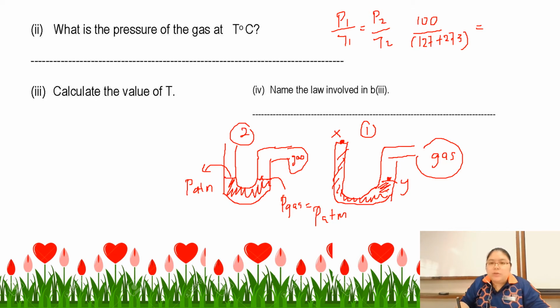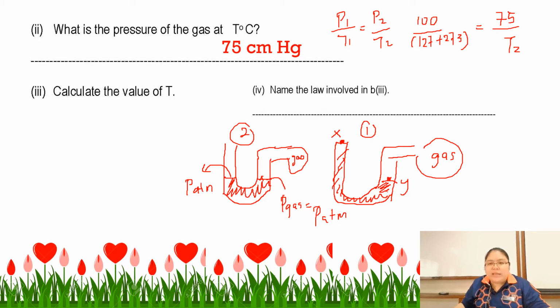Case 2, so you need to put in Case 1, I know already, 100 over 127 plus 273. Case 2, I know the pressure P2 is 75 atmospheric pressure, but T2, I don't know. So from here, you need to find T2. Let's see the answer for T2. This one is a question the following: what is the pressure of the gas at T?